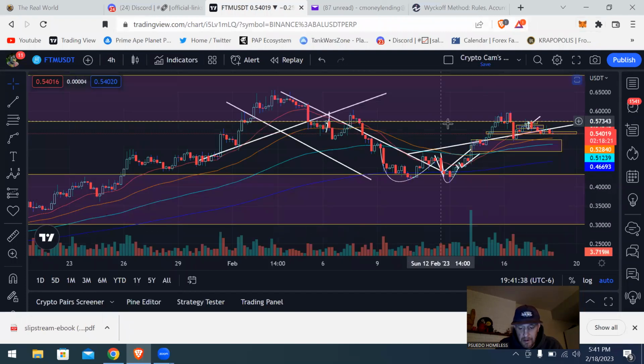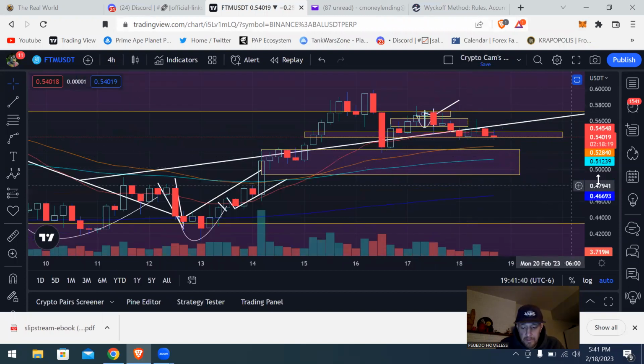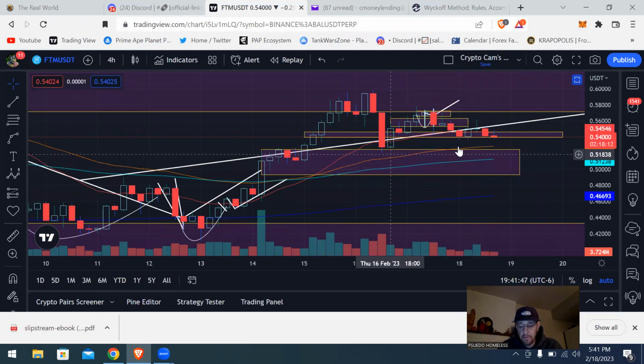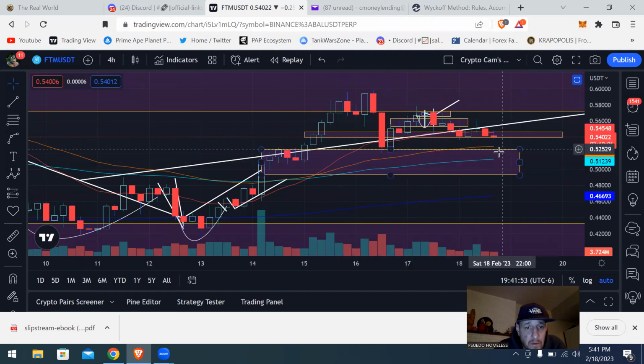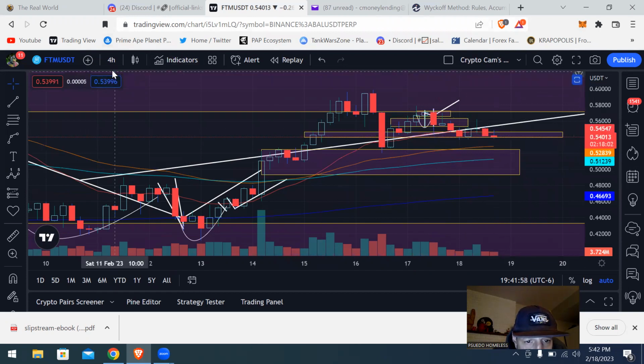So you're going to see where price is in relationship to the 50-day moving average, this golden line right here. As long as you see price above the 50, then long term you're okay on the 4-hour time frame, right? So that's good. What's your 50 on yours?